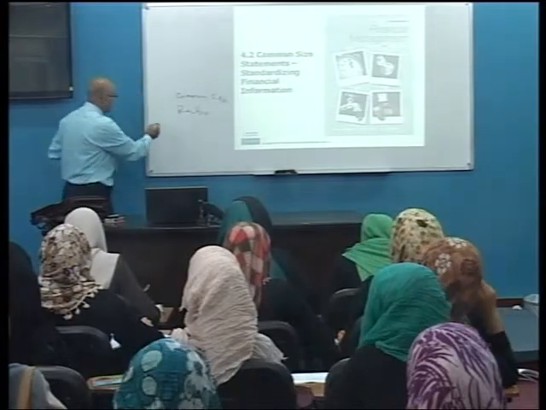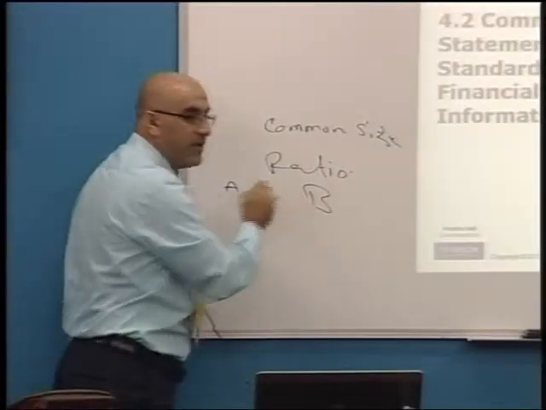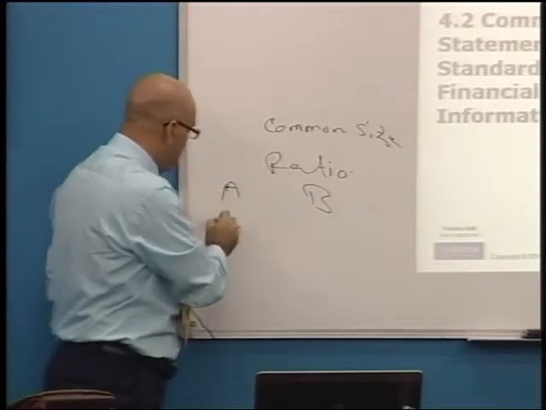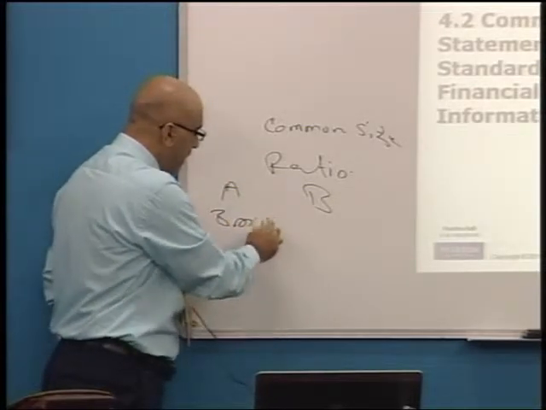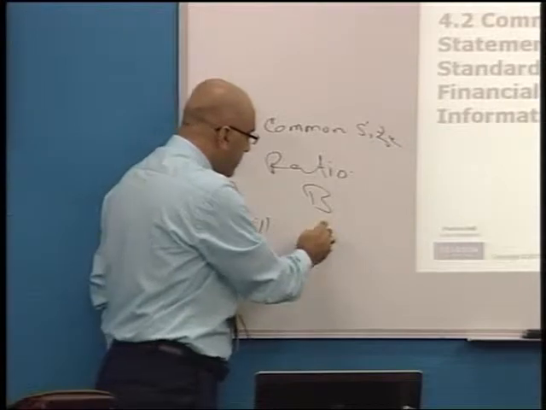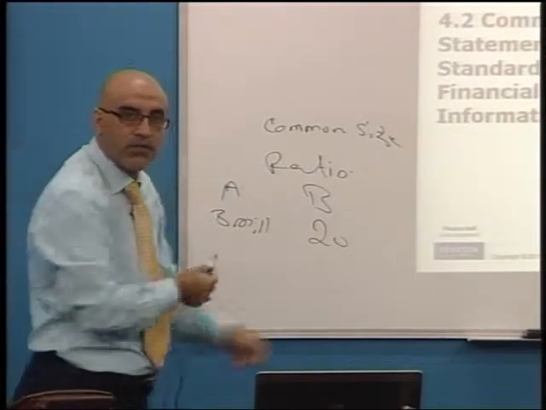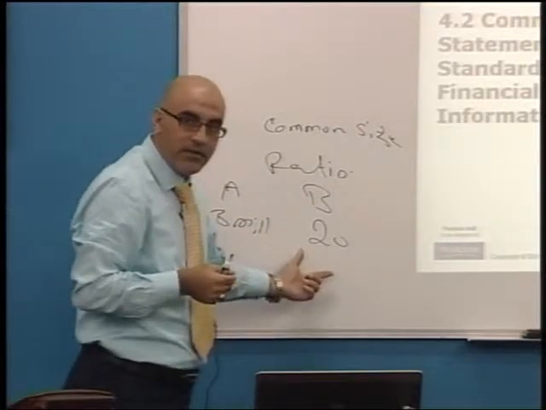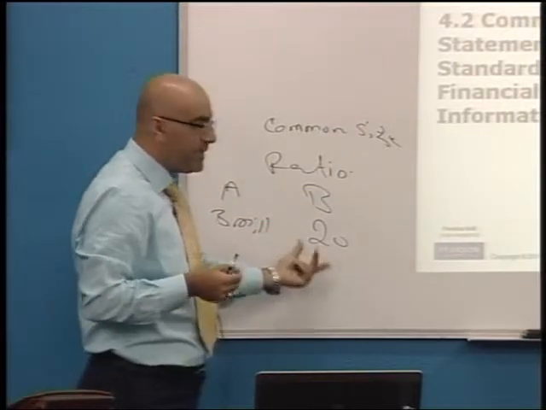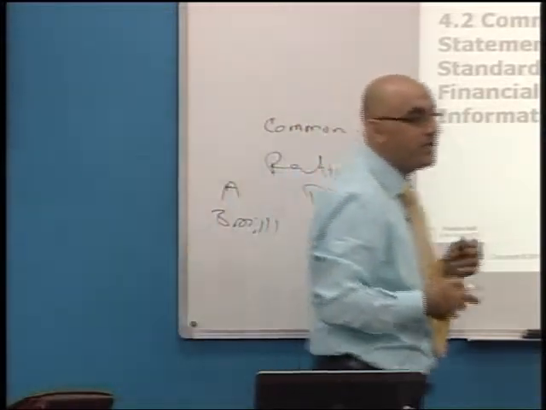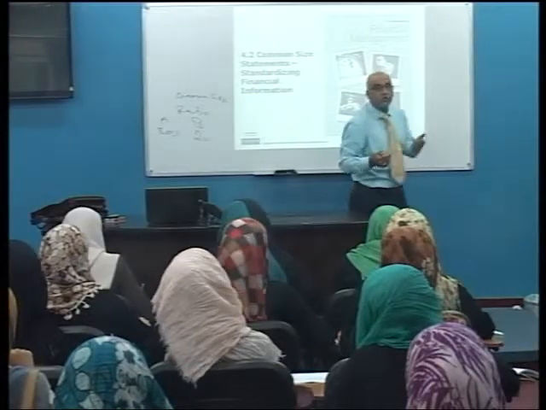For instance, if we have company A and company B, and company A has total assets of 3 million, and company B has total assets of 20 million, it is unfair to compare company A with company B, because company B is larger. So what we can do is standardizing, or doing common size.